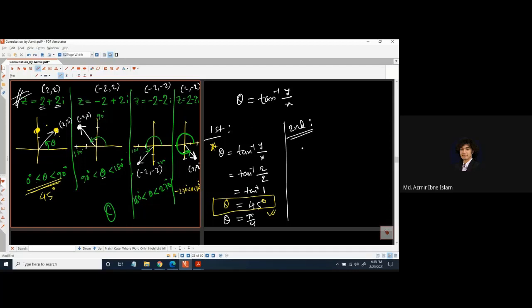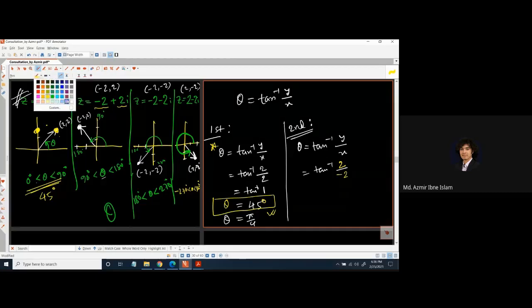So let's try with this formula, tan inverse y over x. So tan inverse of y. What is the value of y? y is 2. And x is negative 2.